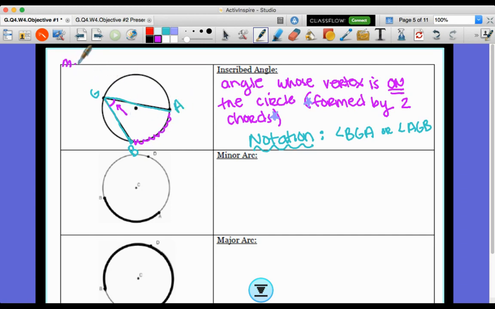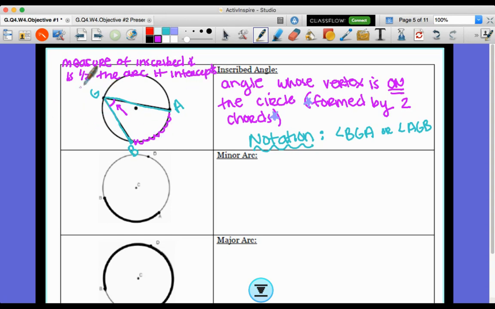And again, this is something we're going to get to more next week. I just want to plug it in right here. Measure of an inscribed angle is half the arc it intercepts.